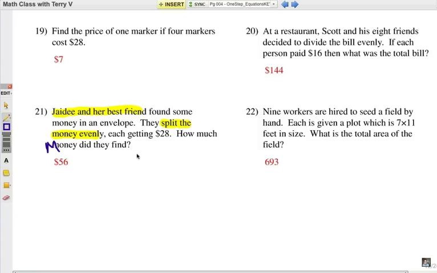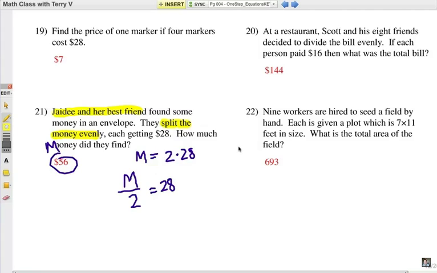And notice how you could say the amount of money total they found was, there's 2 people and $28 each. So it could be just a simple multiplication problem, or you could say the total money here divided equally by 2 people equals $28 each. Okay, again, like the similar story problem, a couple of different ways you could do that. Answer, $56.